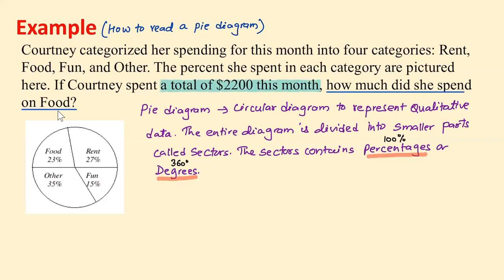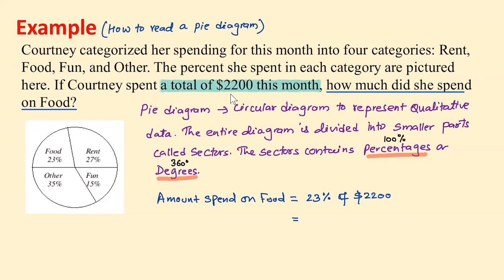So if we read the diagram, we can clearly see, let me write this, amount spent on food is equal to, so you can see the amount spent on food is 23%, meaning 23% of this 22,000.